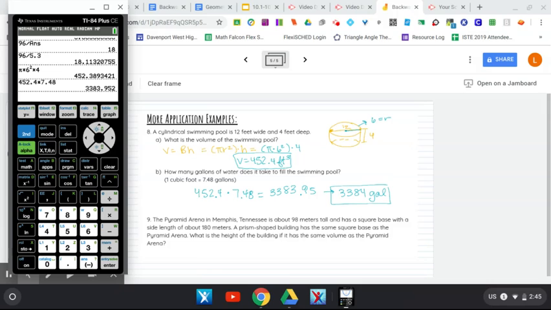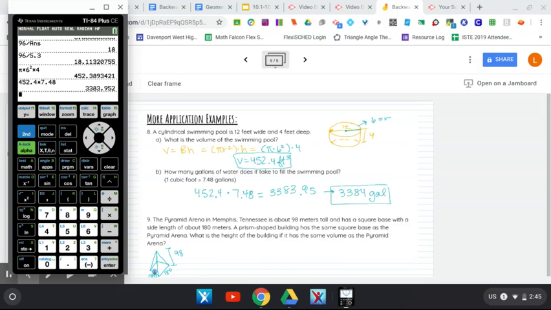All right, last problem. It says the Pyramid Arena in Memphis, Tennessee is about 90 meters tall and has a square base with a side length of about 180 meters. So I'm going to attempt to draw a pyramid. All right, so we have a height of about 98, and these square bases here are 180.